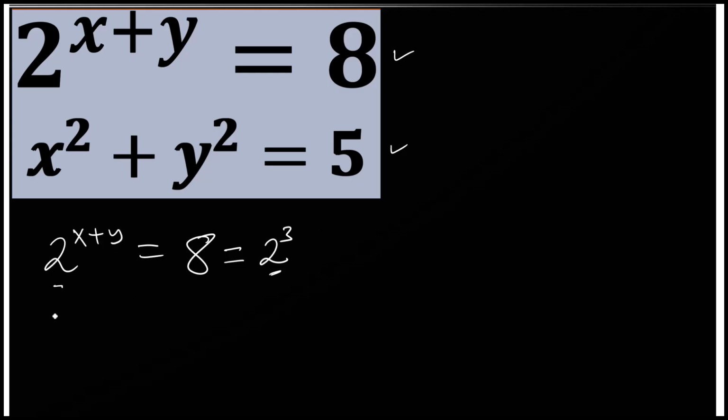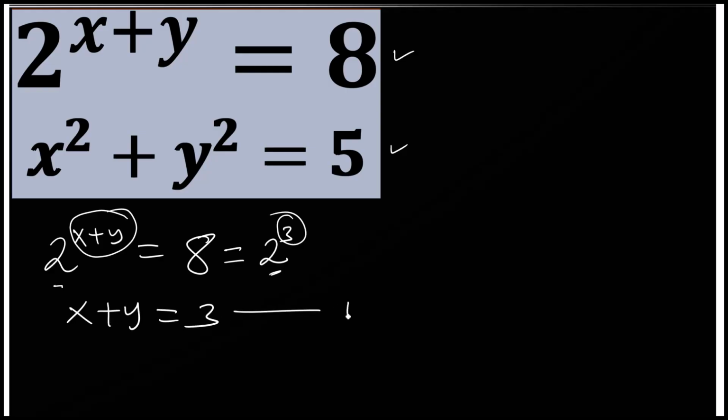So from here we can equate the powers since the bases are equal. So we have x plus y equals 3. Alright, so x plus y equals 3, and we can name it the first equation, as simple as that.